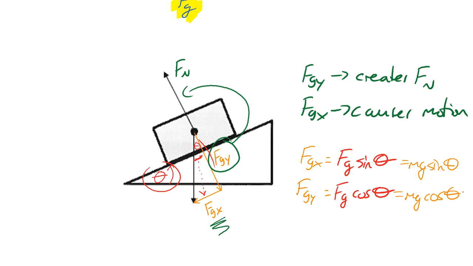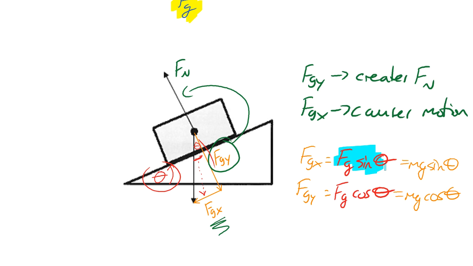Now, if that angle is really, really small, the box would barely go down. The FGX would be really small. So it makes sense, because sine theta of a really small angle is really small.